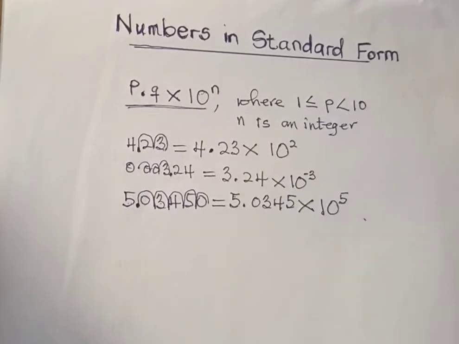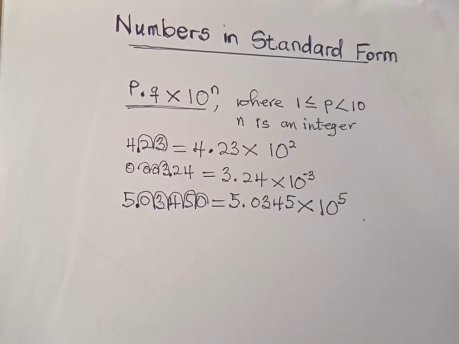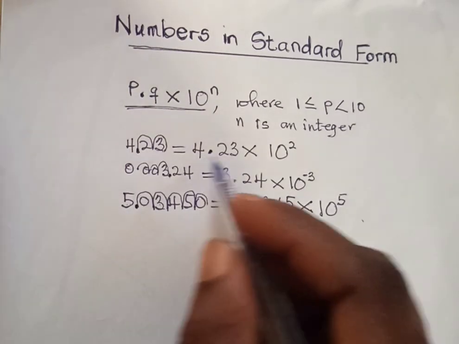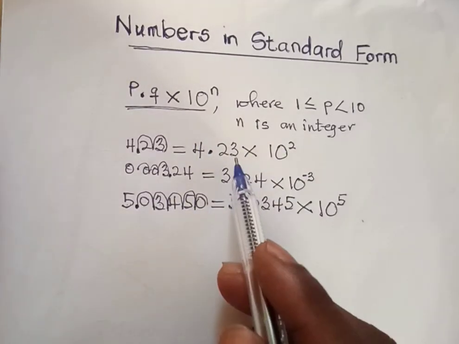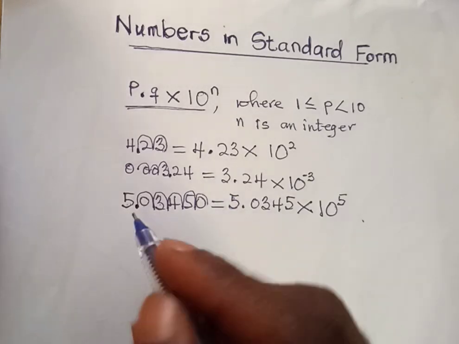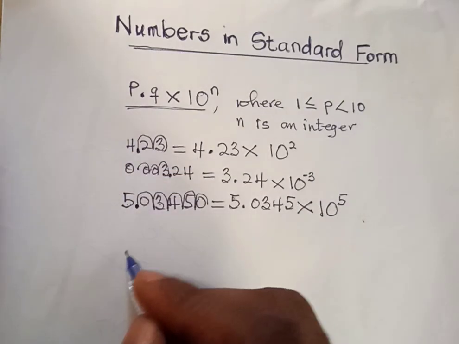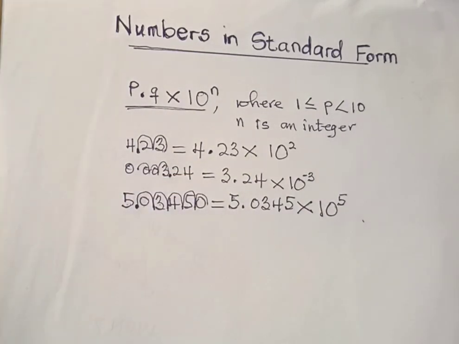Now, what if you are given a scientific or standard form and you are asked to change it to raw numbers or numerals? Let me use the same examples. So this time we are reversing it.